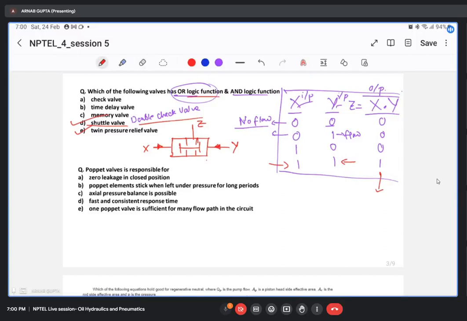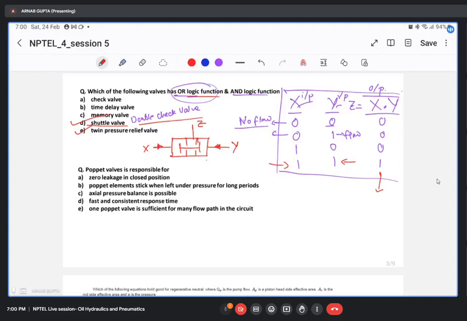I just discussed in the previous slide that valves can be broadly classified into pressure relief valve or pressure control valve, flow control valve, or direction control valve. That is based on the function of the valve, what function it does.